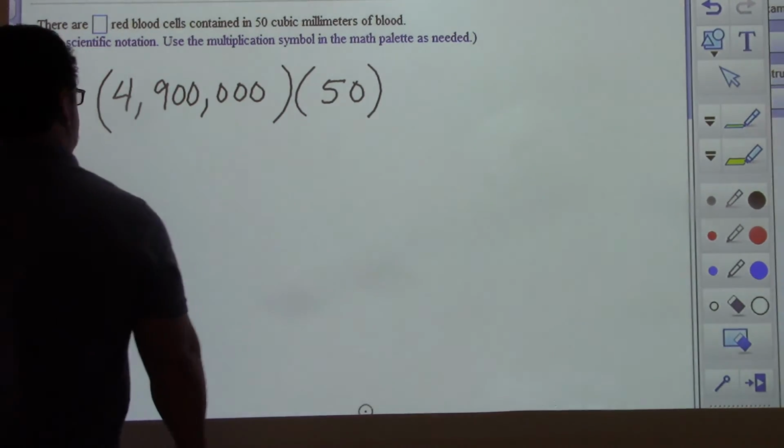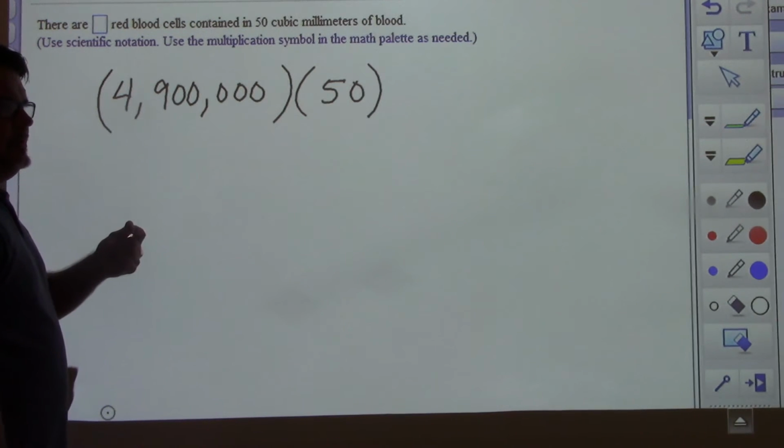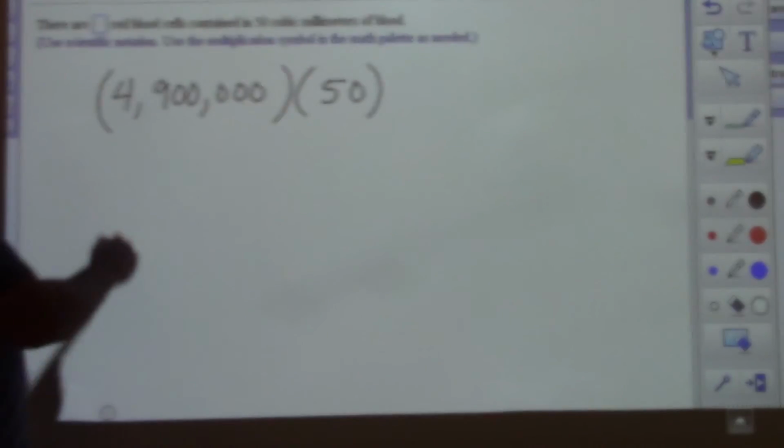Now quickly, what is this one? 4.9 times 10 to the 6, because it's 4 what? Million. You should be getting that by now.